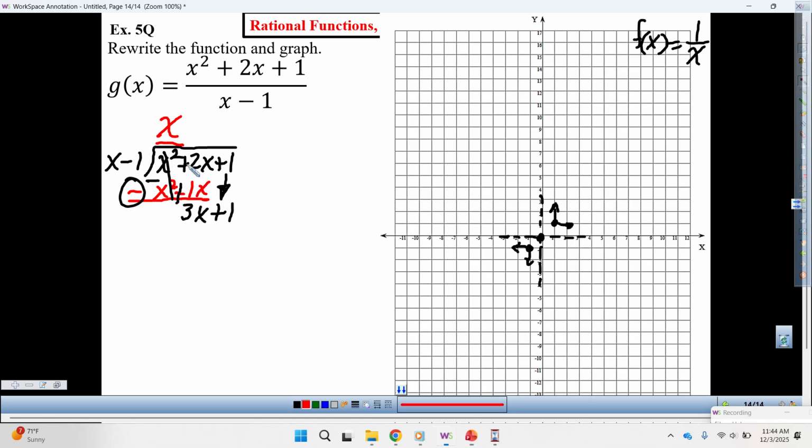Continue, Jaime. What number times x gives me 3x? Positive 3. So 3 times x is 3x. 3 times negative 1 is negative 3. Subtract. Distribute that negative here and here. So this cancels. What is 3 plus 1? 4. Our remainder.